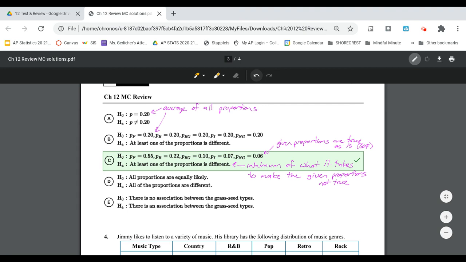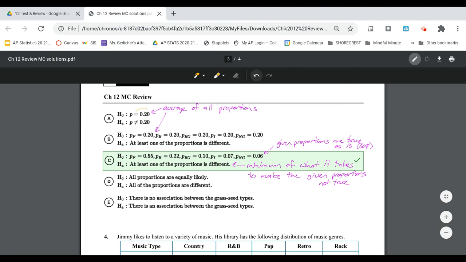Well, let me say it differently: it's not true that all 5 proportions are true. It's a weird way to say it, but it's the minimum requirement to make the HO not true, right? Even if 4 of them were right but one of them was wrong, that makes the HO wrong, because one piece of it is wrong. So it's one way to say at least one of the proportions is different. It's the minimum of what it takes to make the HO not true.